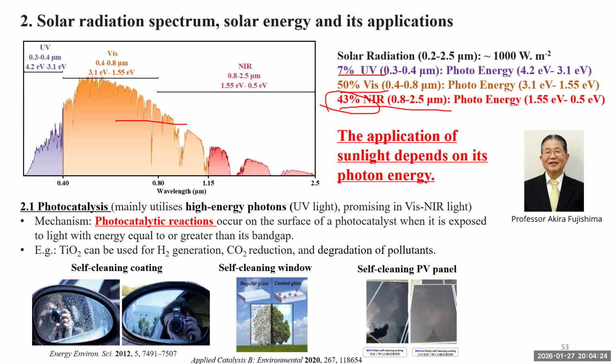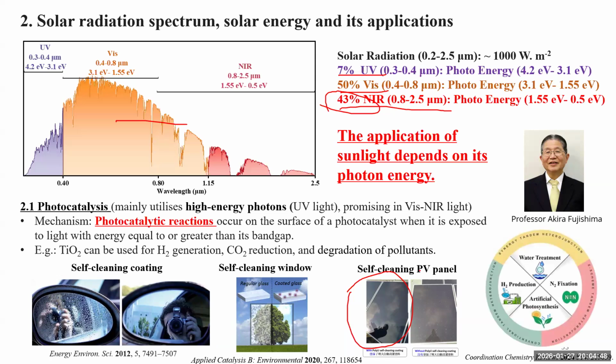This is work I have done, self-cleaning solar PV panels, my research group's work, using titanium dioxide to utilize high energy photons like UV and high visible light. In fact, photocatalysts have been widely applied in different industries, including water treatment, hydrogen production, and other applications.